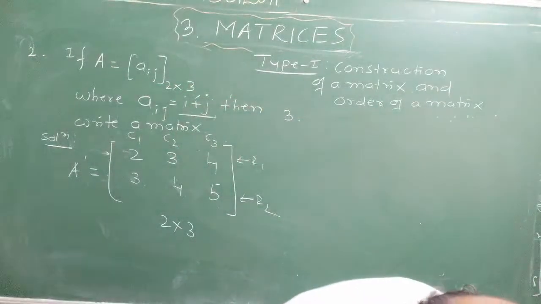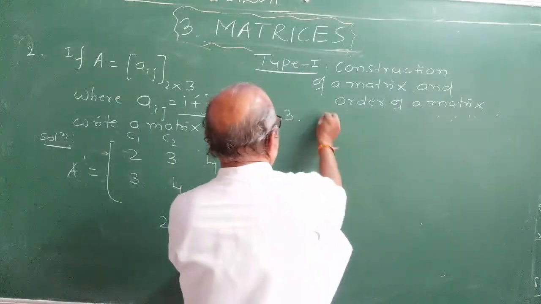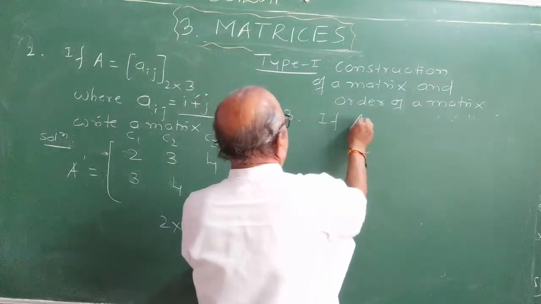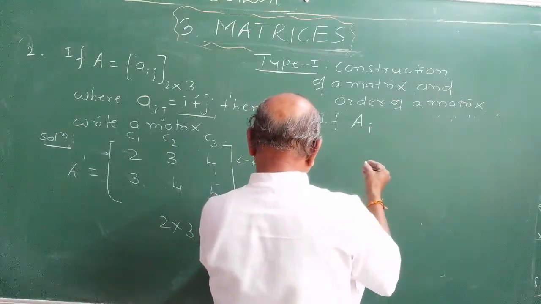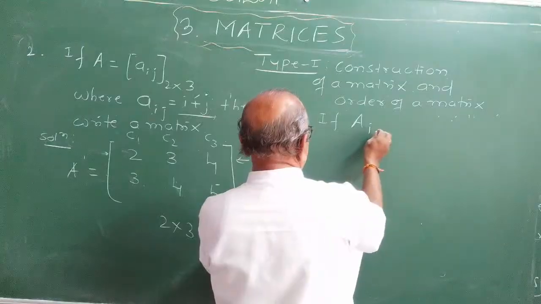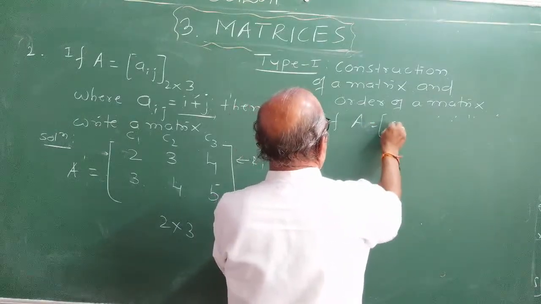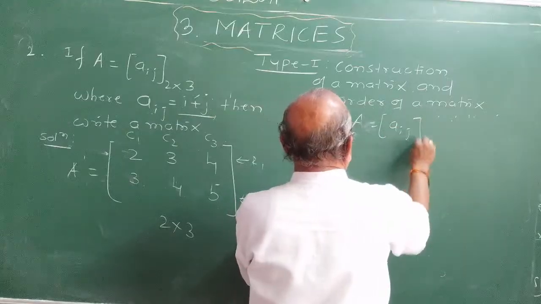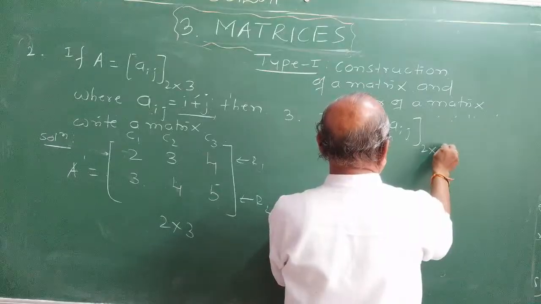Right? If Aij, I will just improvise it. If A is equal to Aij, the order is 2 by 2.